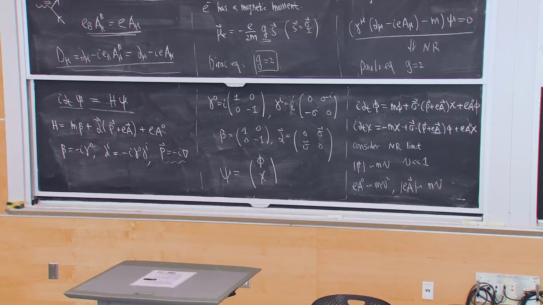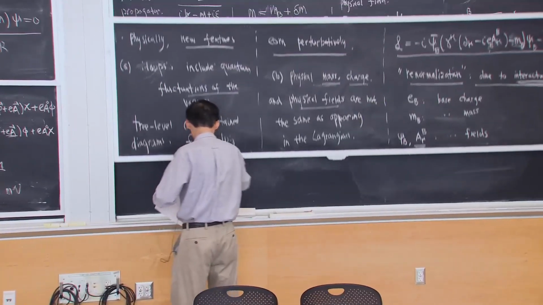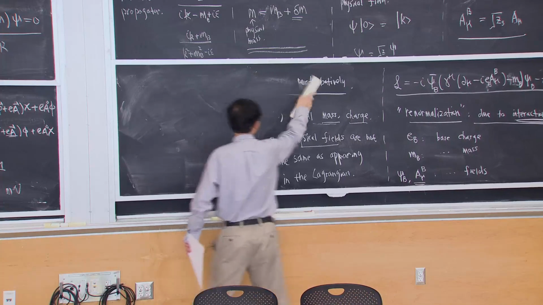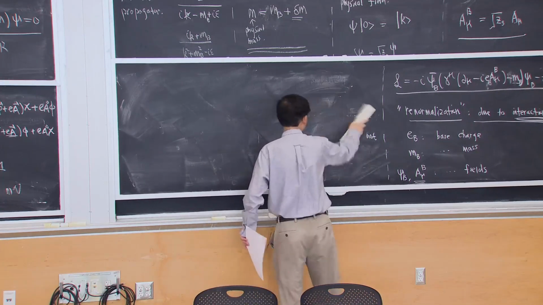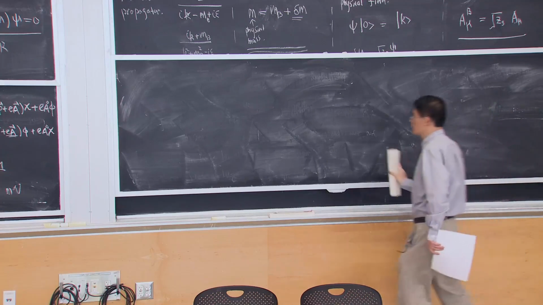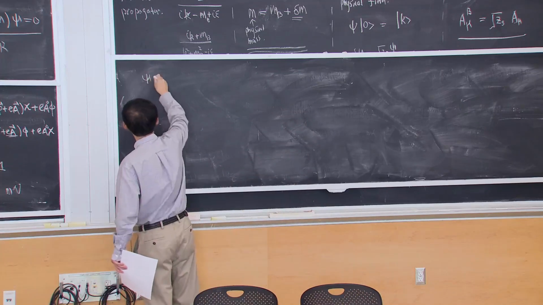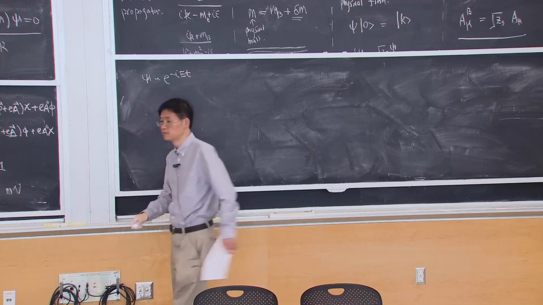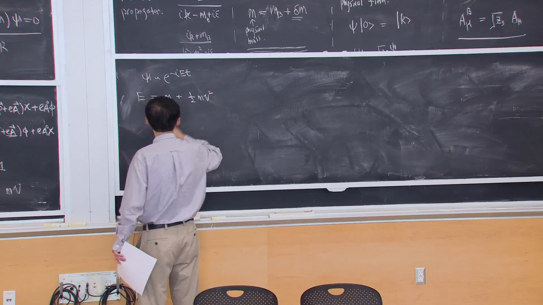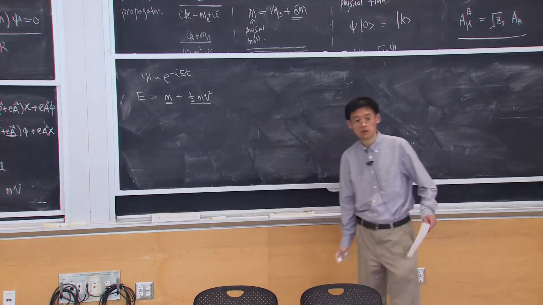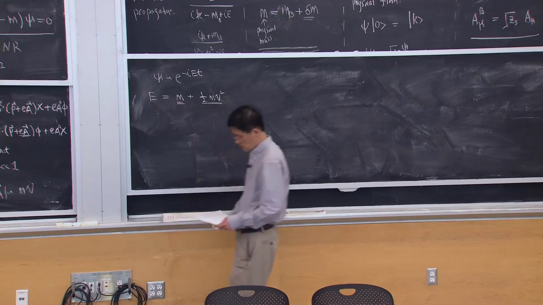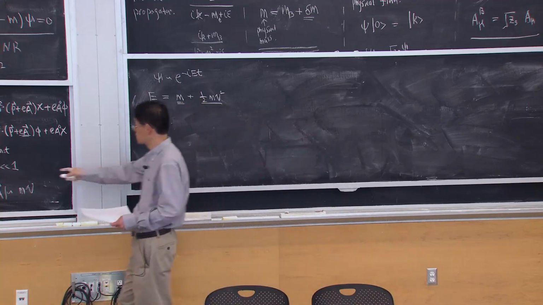In the non-relativistic limit, we know that a typical wave function always has a time dependence like e to the minus iEt, and E would be m plus 1/2 mv squared, etc. So m is much, much larger than the other term, and we can try to isolate this big piece. So we will make a slight transformation.